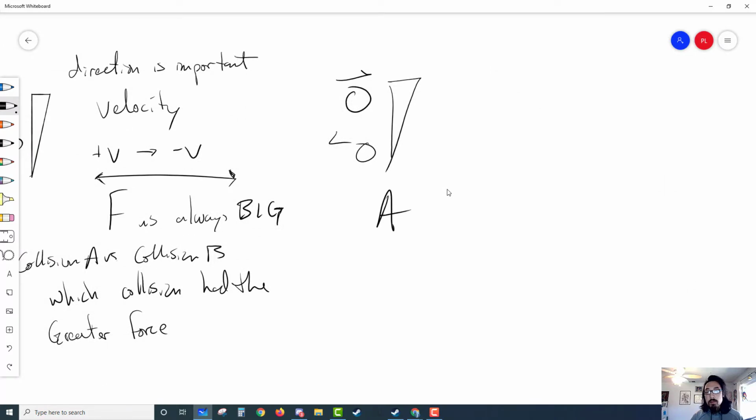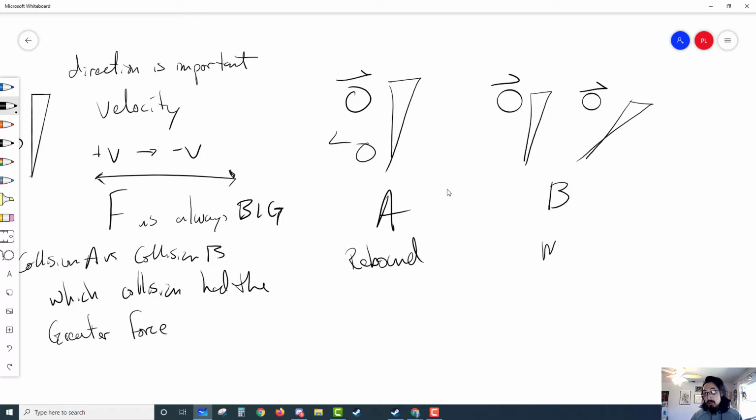And in collision B, the ball is moving forward, it hits the bat, but it doesn't bounce back, because we can say the ball was moving so fast and the bat didn't do much to it, and so the ball keeps on moving forward after the bat hits it. So this is collision B. So in collision A, we can say that there's a rebound, and in B, it just continues to move forward, okay?